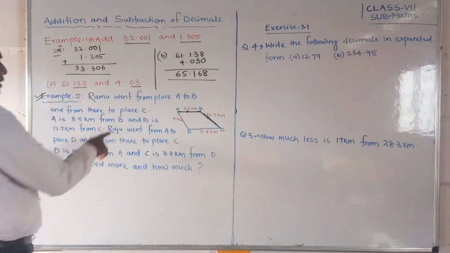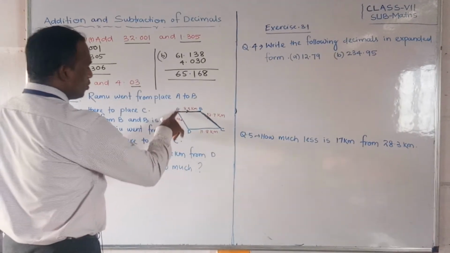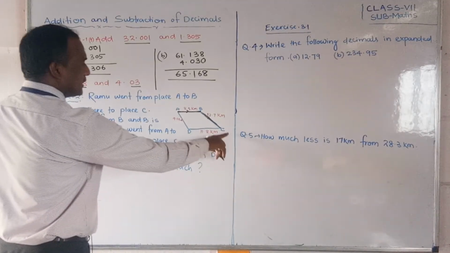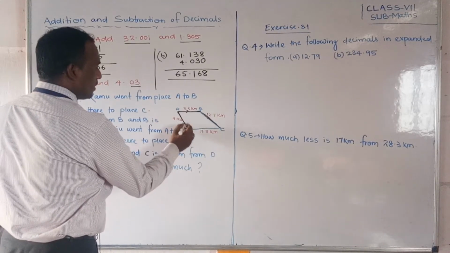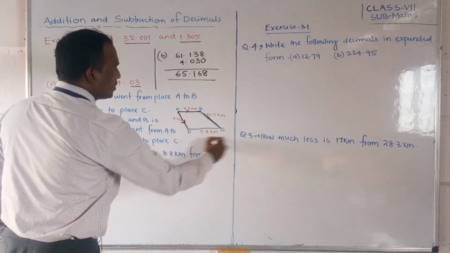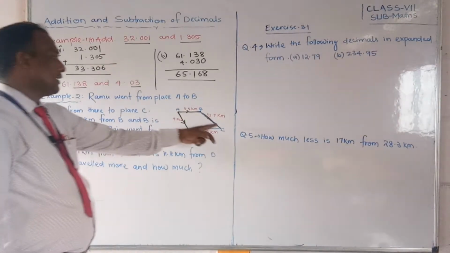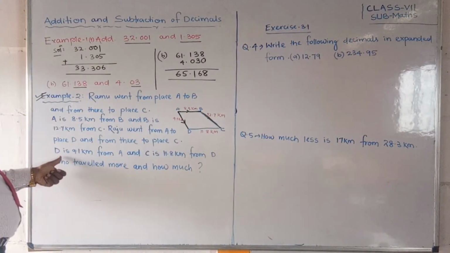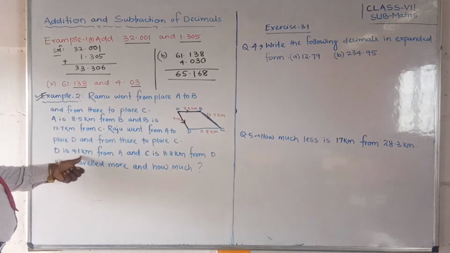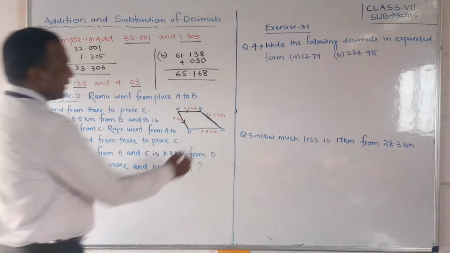Similarly, students, Raju is another student. He wants to go from A to D, and from D to C. That means Raju takes this alternative path and also wants to reach C. Here it is given that A to D is 9.1 km and D to C is 11.8 km.